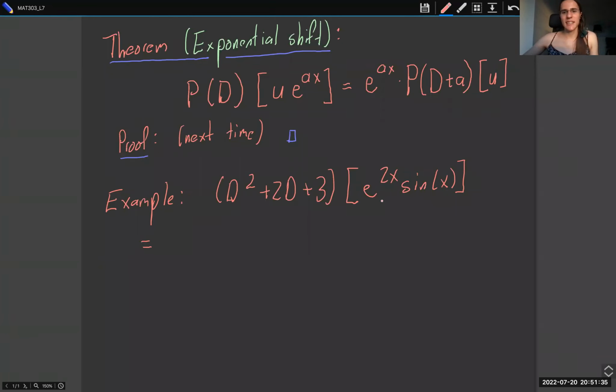What that says is that this e to the 2x can come out front. But what's going to happen when it comes out front is that D is going to be replaced with D plus 2, applied to sine of x.